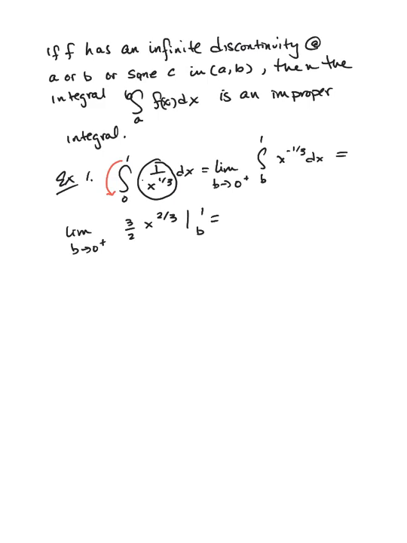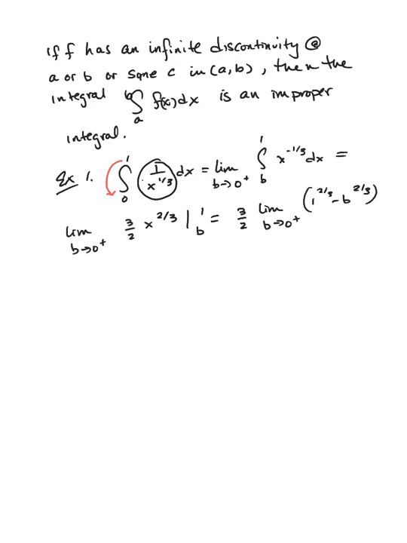If we want, we could factor out the 3/2. Why not, right? Limit as b approaches 0 from the right. And then we're going to have this x to the 2/3, which is going to become 1 to the 2/3 minus b to the 2/3. Now you need to think about what's going on here. The 1 is no problem. Think about the b.